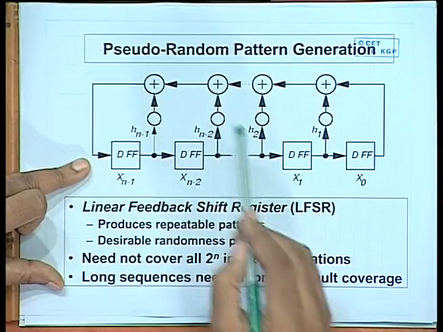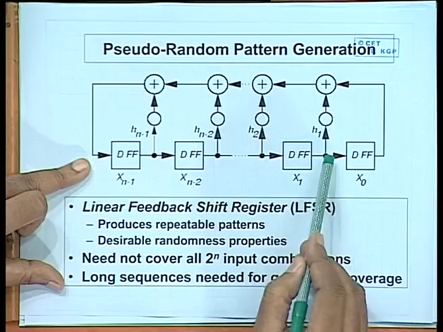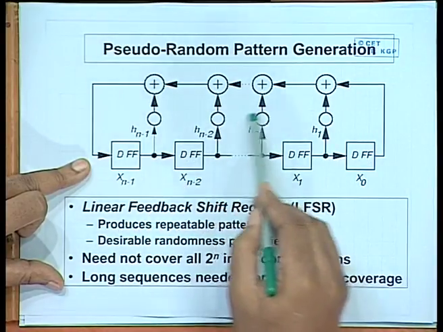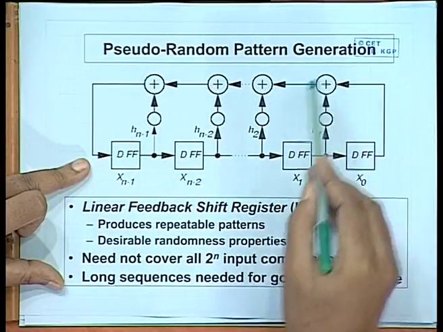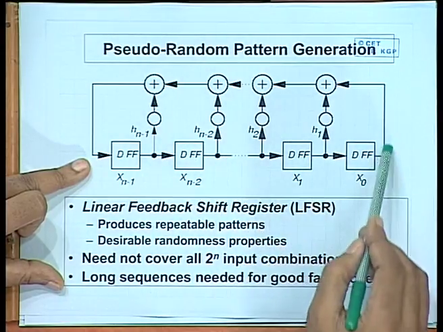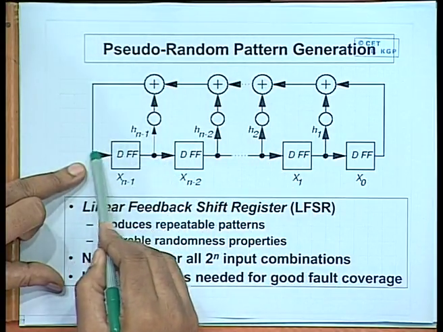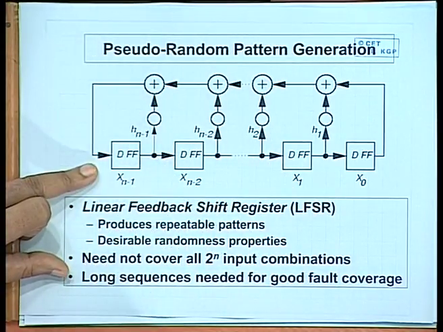So, the outputs of the D flip flops are fed to exclusive OR gates. This forms some kind of a feedback network. Some combination of the outputs is XORed and the XOR result is fed back to the input of the first flip flop.